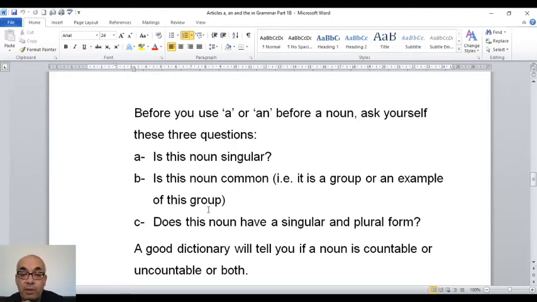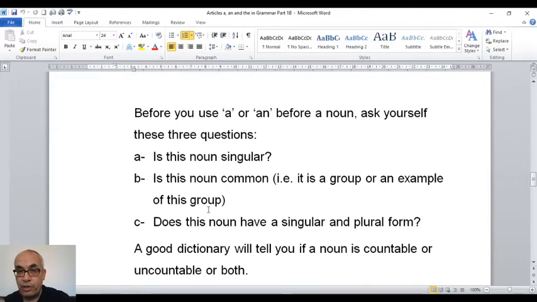Is this noun common? What's a common noun? I explained this for you. It means, is it part of a group or an example of this group? Does this noun have a singular and plural form? So if you know the answers to these 3 questions, it means you can use a and an correctly.